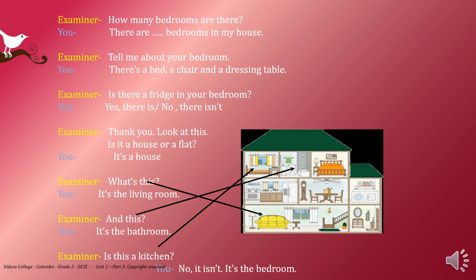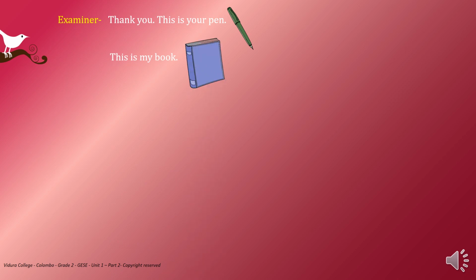Then we'll move on. The examiner will say, thank you. This is your pen. He will show a pen and then say, this is your pen. Then he will show a book and then say, this is my book. Then he will do a small activity.